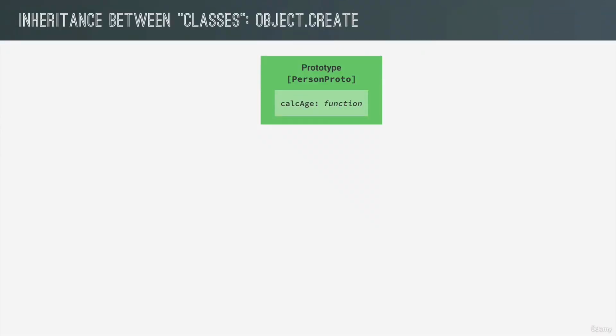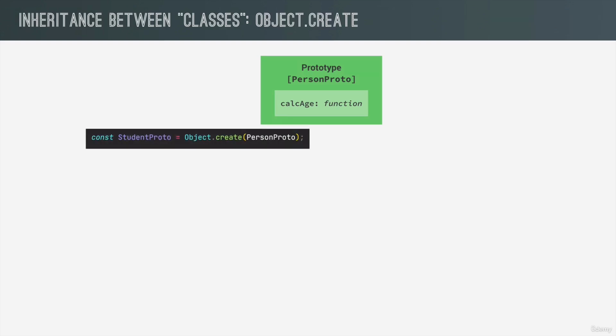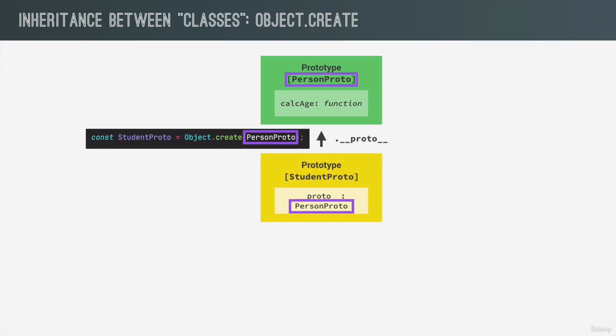So it all starts with the PersonProto object, which used to be the prototype of all person objects. But now, using Object.create, we make it so that PersonProto will actually become the prototype of StudentProto. And what this does is that now, basically, student inherits from person. And so with this, we already established the parent-child relationship that we were looking for.